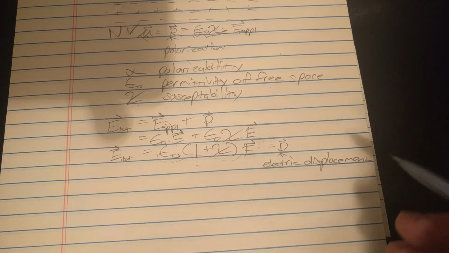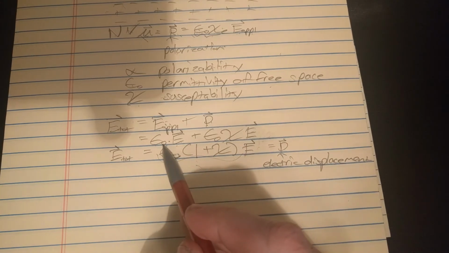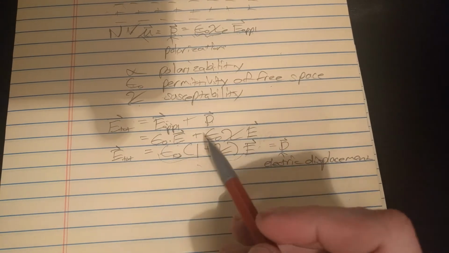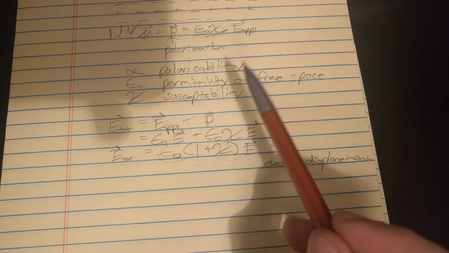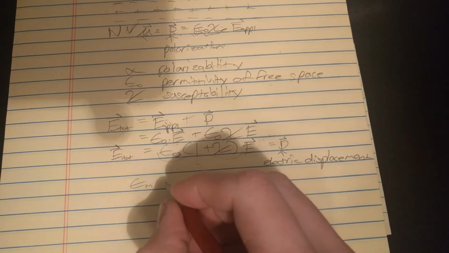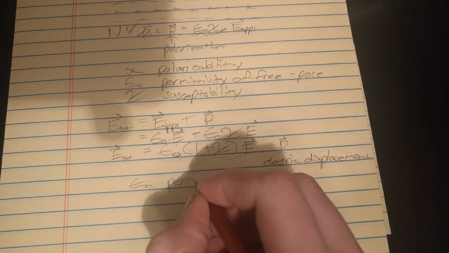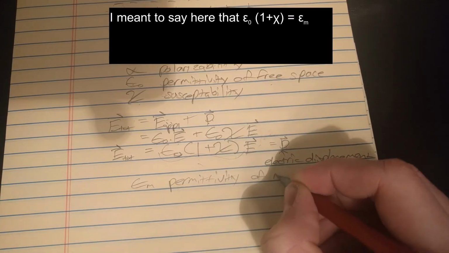Okay, so now we have a few more terms we're going to talk about here. We said that this epsilon naught represents the permittivity of free space. Well, free space has permittivity, but so do materials. So we can call epsilon sub m the permittivity of our material.